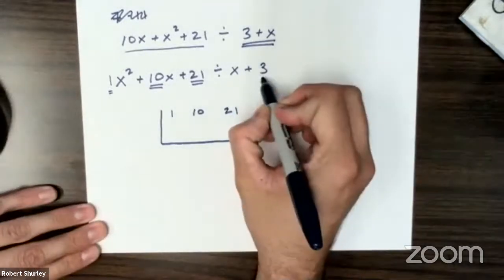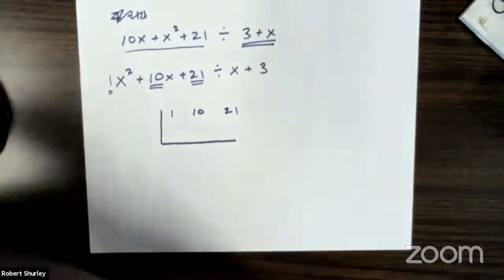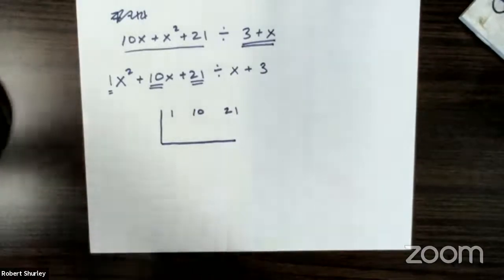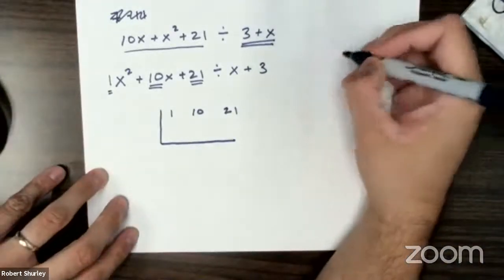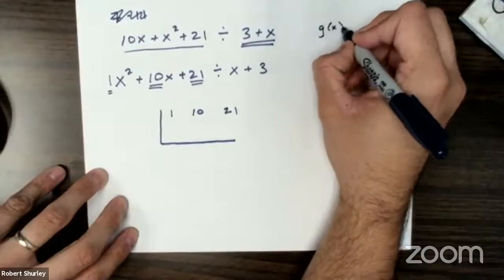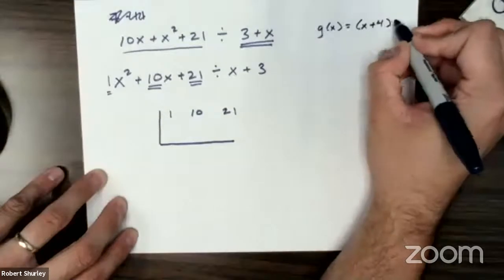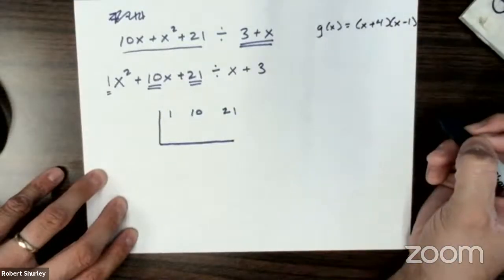Now look, if x plus 3 is your divisor, I kind of need you to think of it as if it was a factor. Remember, I'm going to pause here for a minute. I'm going to look at some other example. If I said g of x equals x plus 4 times x minus 1, right?